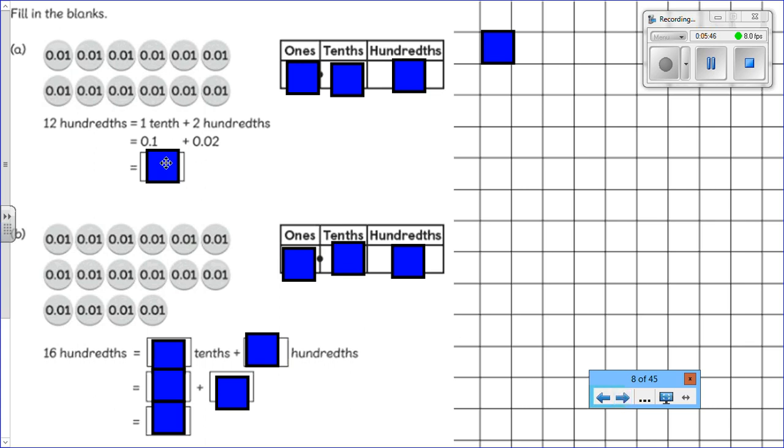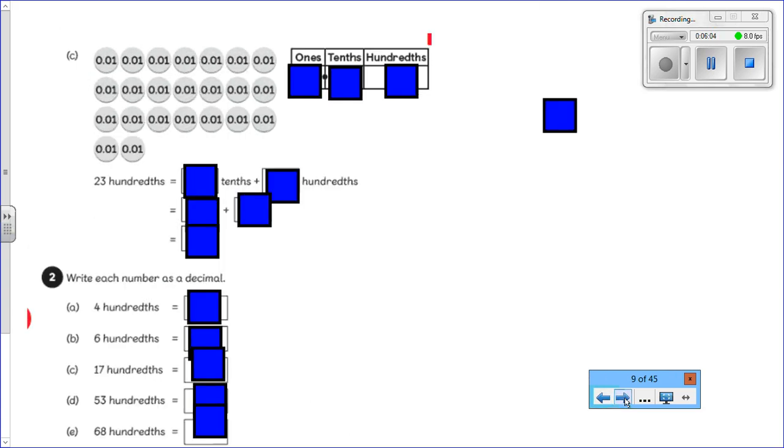Can you write the number below in this box, and can you also write the number in the place value chart? And then have a look at question B. And C is very similar again.